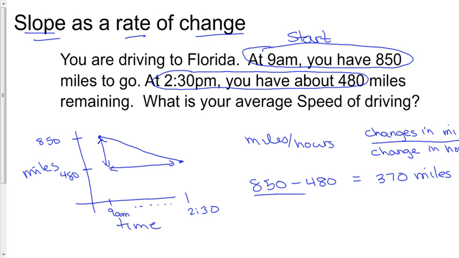And I'm going to put that over, making sure I start at the same place, 9 a.m. minus 2:30 p.m. Now this is going to be a little bit tricky when we think about this, because I want to think about change in time here. So when I think 2:30, let's think of this as 12 o'clock plus 2 hours later. Let's go 14.5 hours.